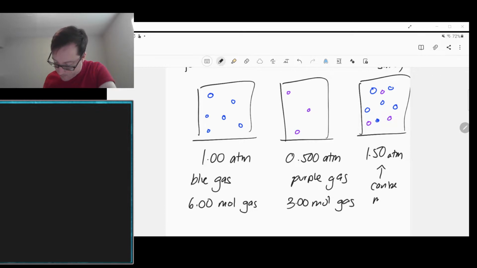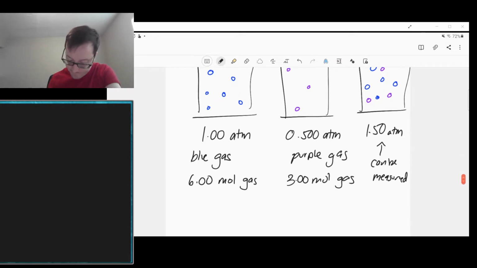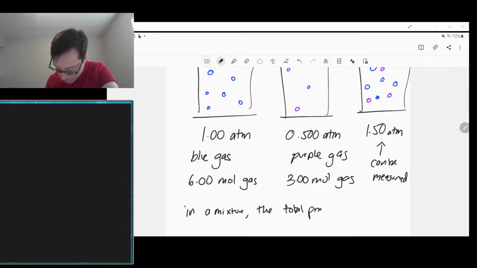Remember that we can measure pressure relatively easily. And so we're going to see that the pressure of these gases would just be proportional to the number of moles that they have. So in a mixture, the total pressure includes all gases.